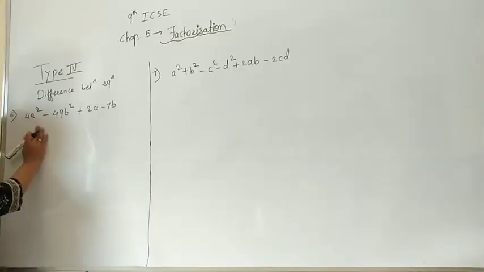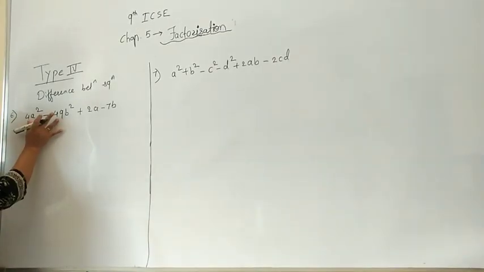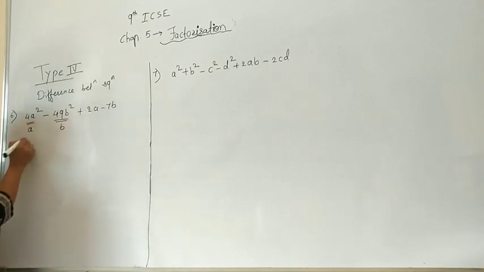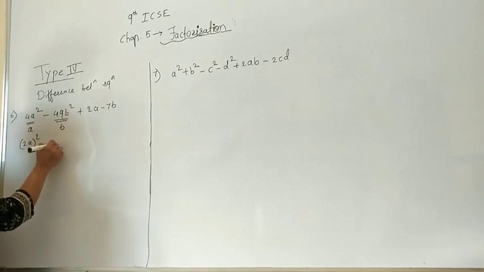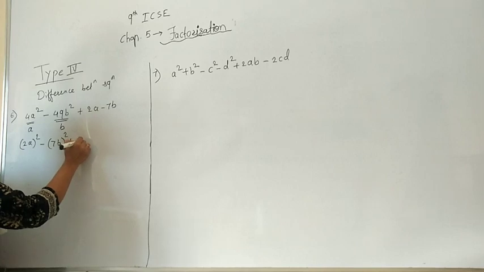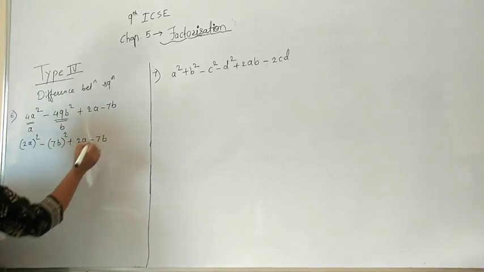Okay, in this question, first of all we have to factorize these two, means this as a and this as b. So take out the root, 2a bracket square, here 7b bracket square. This is as it is, 2a minus 7b.